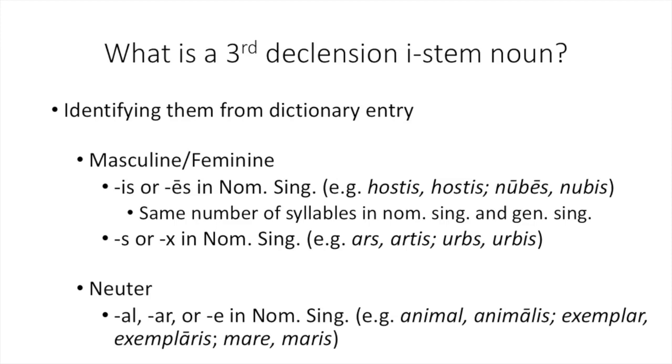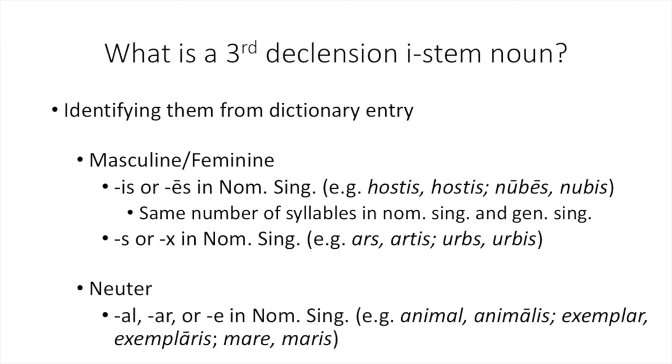So some of these you'll learn the rules for, some of them you'll just know they're third declension I-stem nouns based on reading a lot of Latin or memorizing that that noun's a third declension I-stem noun, but you'll have to figure out some way for yourself to make sure you know which are the third declension I-stem nouns.